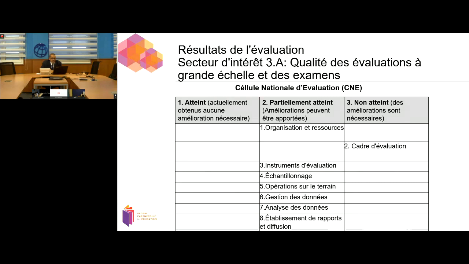So for the first table, 3A, we have the results of the assessment in terms of large-scale assessment done by the SDI. And we realize that same thing, no objective has been achieved. For the different major axes, there are 7 of them.